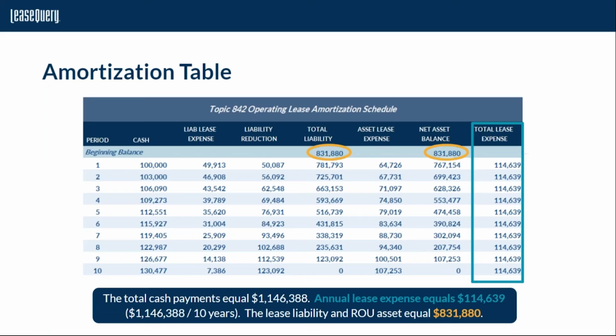We have the lease liability and the right of use asset amount as the $831,880. And then we also calculated the total lease expense of the $114,639. So we can create an amortization table that decreases the total lease liability and the right of use asset to zero over that 10-year period.